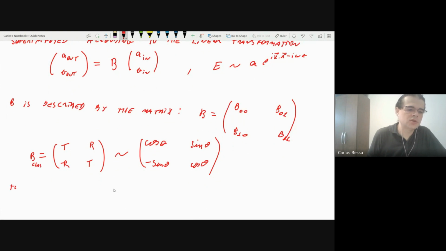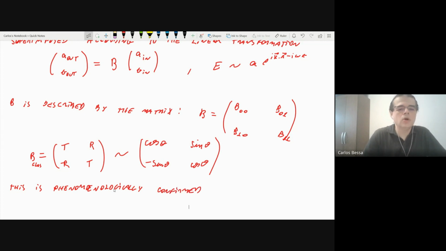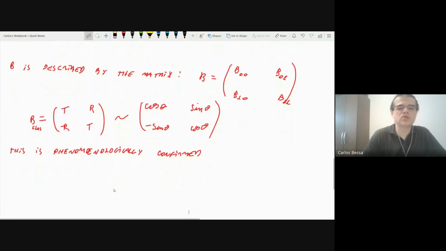So this is phenomenologically confirmed. To have a quantum description, we want something similar to this.